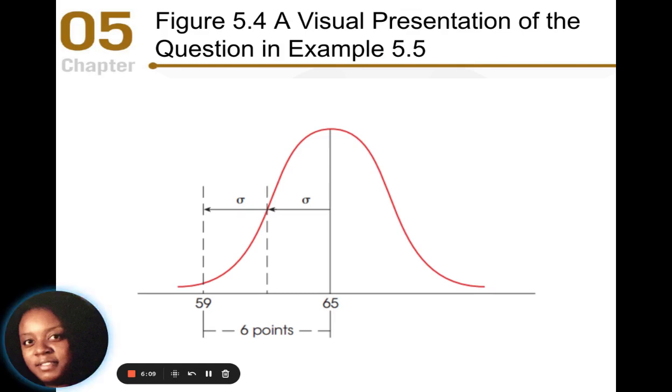Here's another figure for us to look at. Figure 5.4 gives us a visual representation of the question in example 5.5. If 2 standard deviations correspond to a 6-point distance, then 1 standard deviation must equal 3 points.